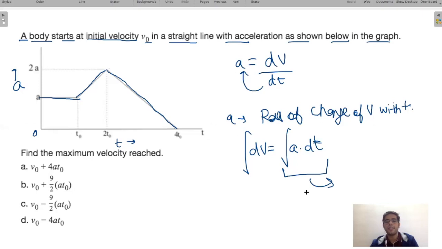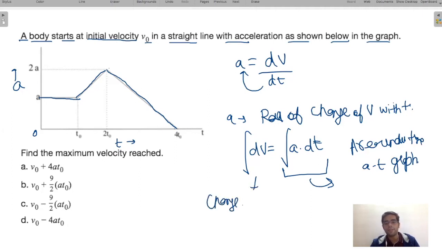The meaning of this integration is that this is nothing but the area under the acceleration time graph, and dv is nothing but the change in velocity. So what you need to do is find the area under this graph and make it equal to the change in velocity.